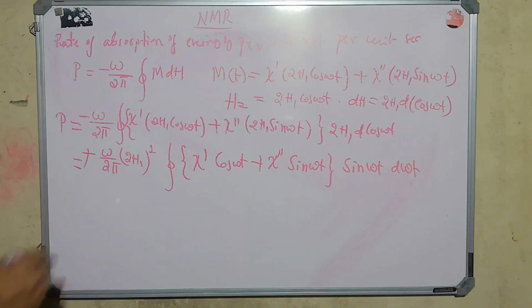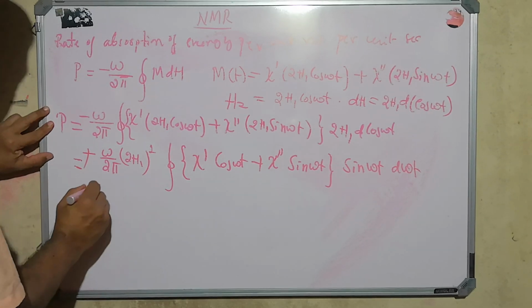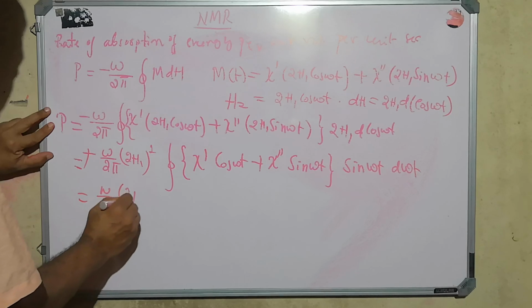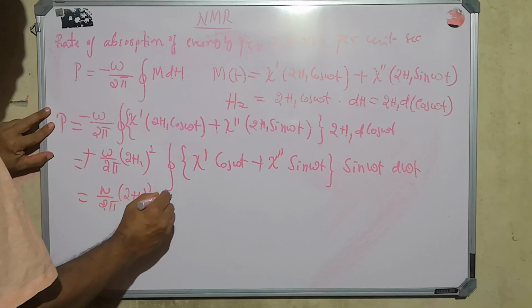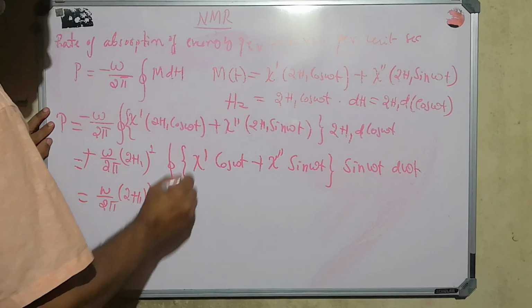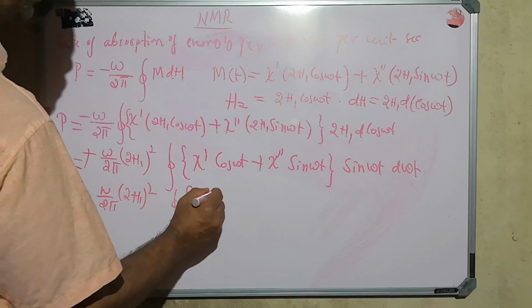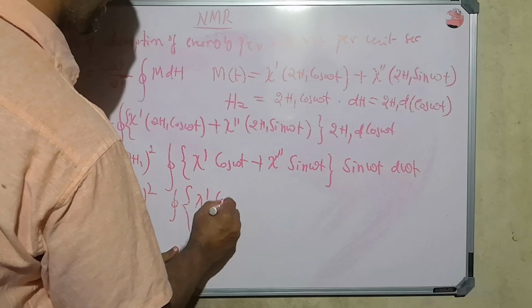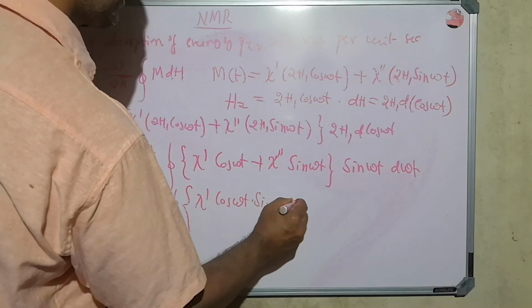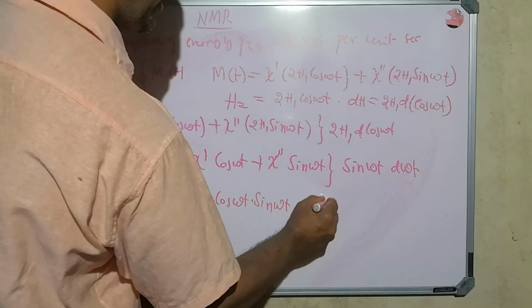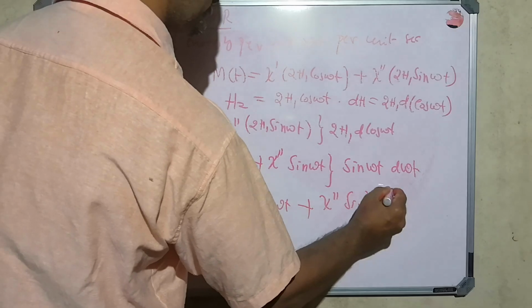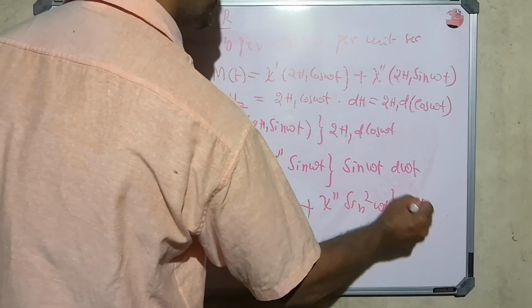So now this is equal to omega divided by 2 pi, 2h1 whole square integral now into chi dash into cos omega t into sin omega t plus chi double dash into sin square omega t into d omega t.